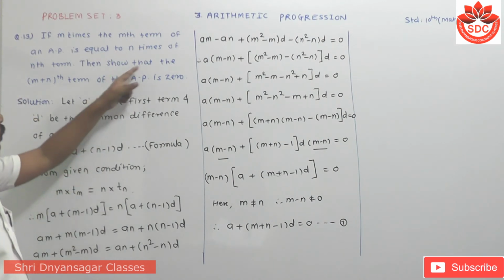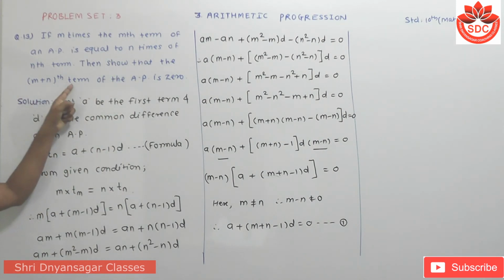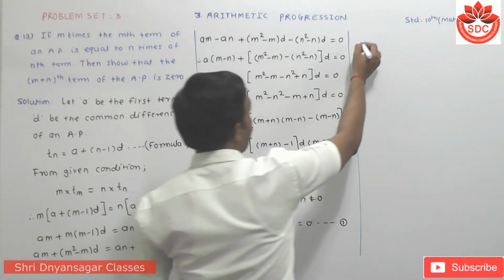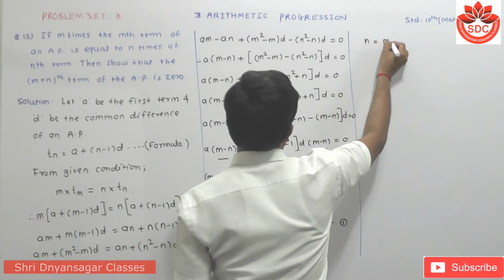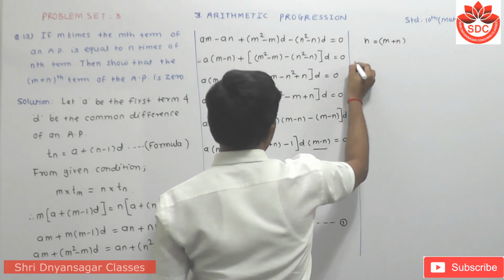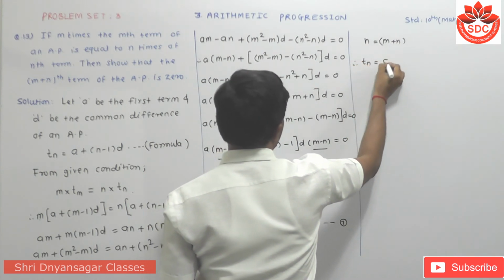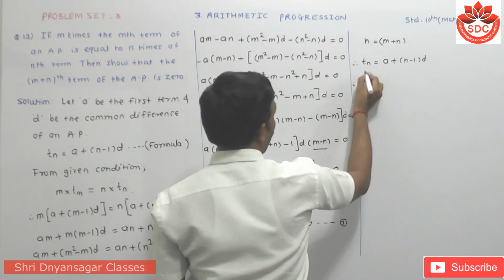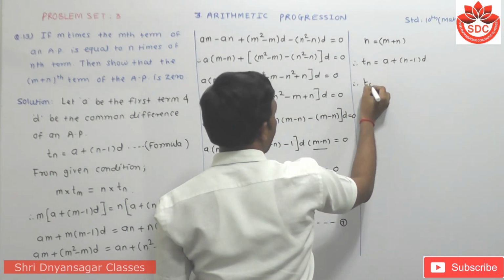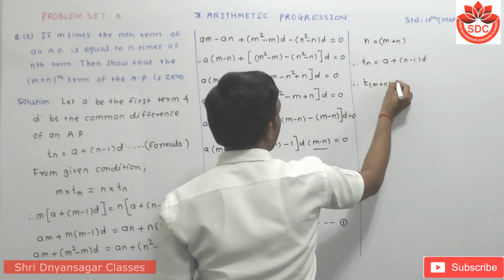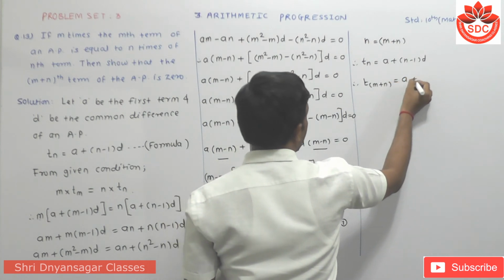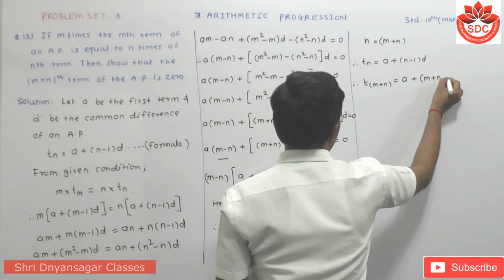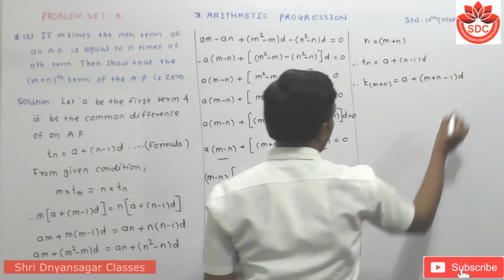Now student, we have to show that the (m + n)th term of the AP is 0. So you have to put n equal to m + n. The formula is Tn = a + (n - 1)d. Therefore the (m + n)th term is a + (m + n - 1)d.